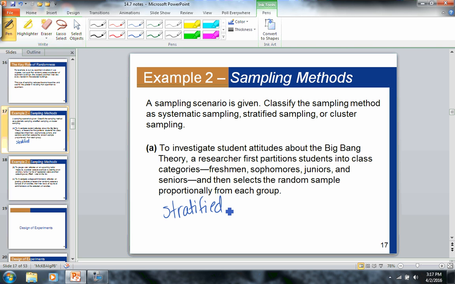So you're grouping them first, and even though you might have different amounts of freshmen, sophomores, juniors, and seniors, you're going to take a proportional amount. So you're not going to take necessarily the same amount unless you have all the same amount of freshmen, sophomores, juniors, and seniors.